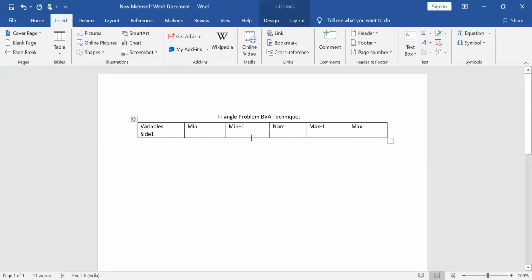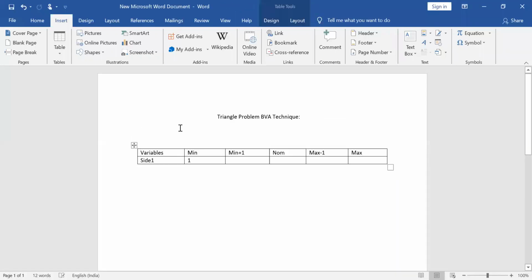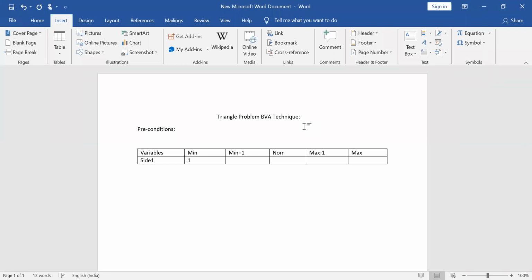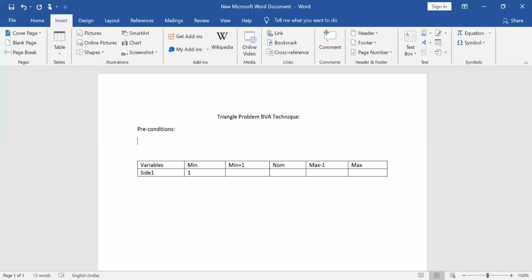So here the minimum value is, if I take the range as, we need to have some preconditions. Otherwise it will not be possible for us to solve this. So what are all the preconditions that we require? We need to note them down. There are a lot of conditions available. Among them, I'll just list them one by one.